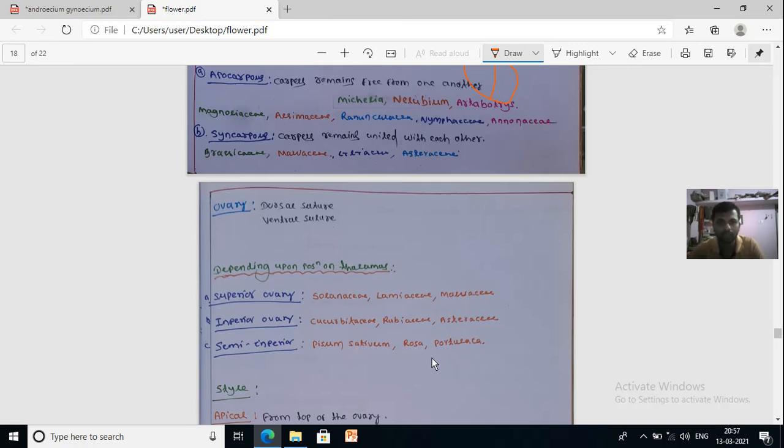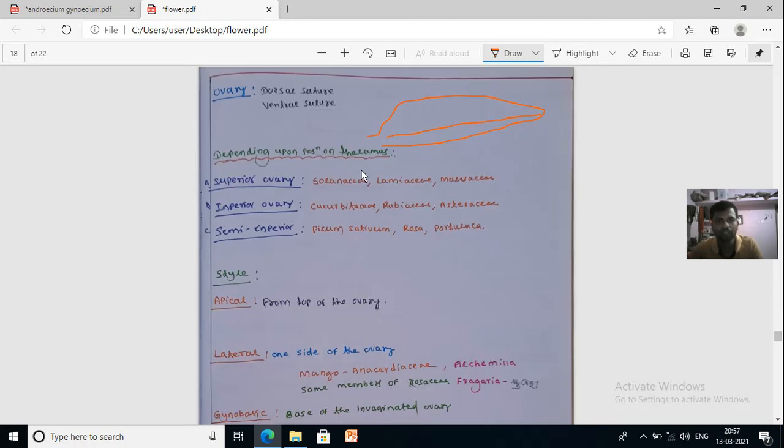Always compare the ovary to a leaf. Suppose this is the leaf, and this is the midrib of the leaf. If you take the leaf and fold it, the two edges of the leaf that touch form the ventral suture. The midrib that remains is known as the dorsal suture.